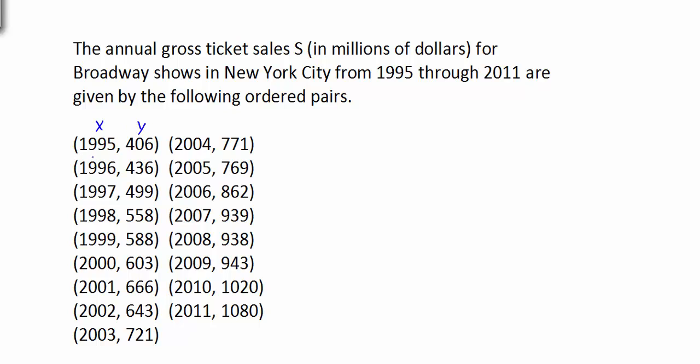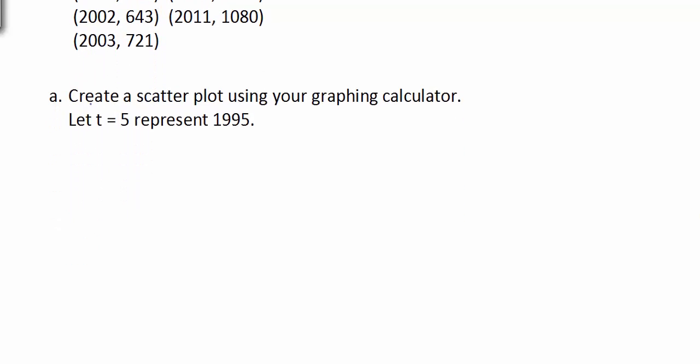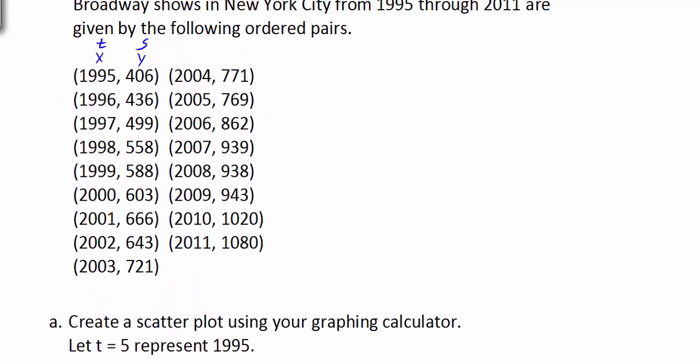Or in this case, you could think of the X as T for time and Y as S for sales. So that's your X and Y, or T and S for the ordered pairs. Well, we are to create a scatter plot using our calculator, but they want us to let T equal 5 represent the year 1995. So instead of using 1995 as our X or our T value, we would simply use 5.